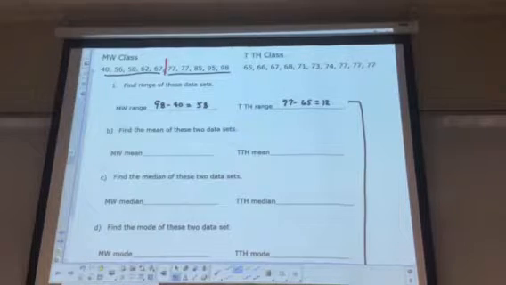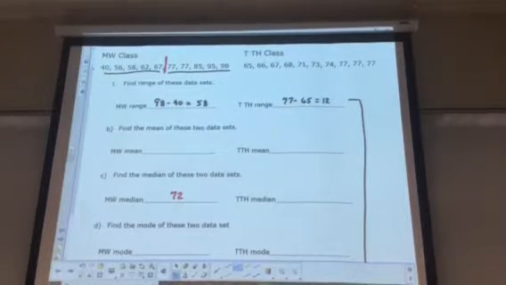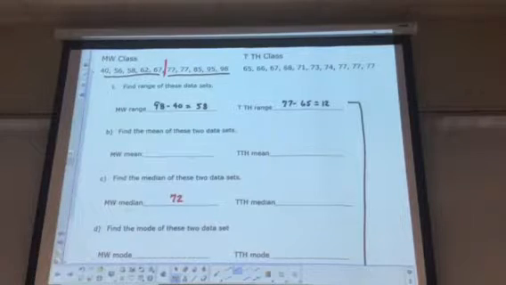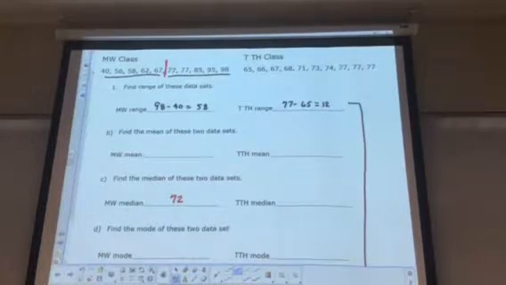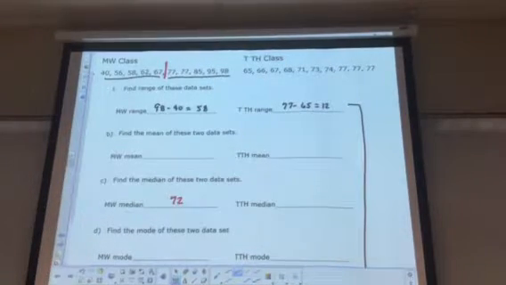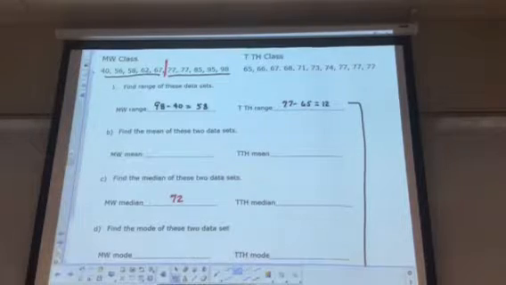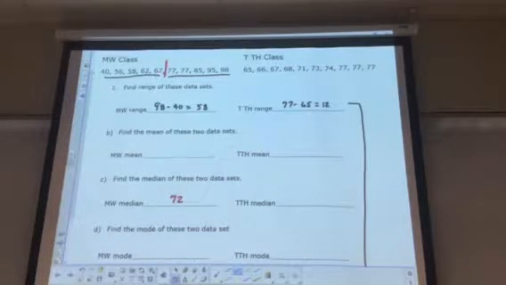Which would make my median value 72. Halfway between 67 and 77, right? How far apart are 67 and 77? 10 units apart. What's half of 10? 5. What's 77 minus 5? What's 67 plus 5? So you could do it without having to do much of a calculator operation, right?